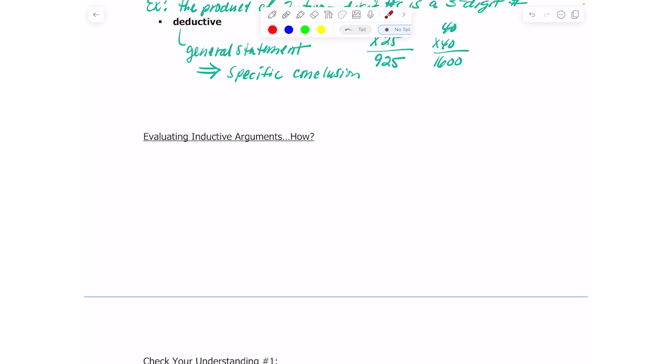So how exactly do we evaluate inductive arguments? So inductive arguments can't prove conclusions true. What we need to look at is the strength of the argument.